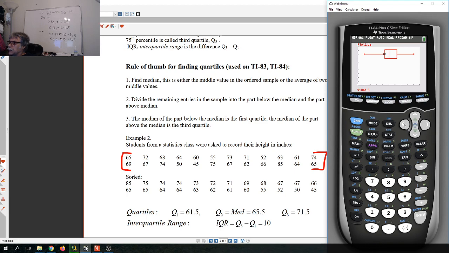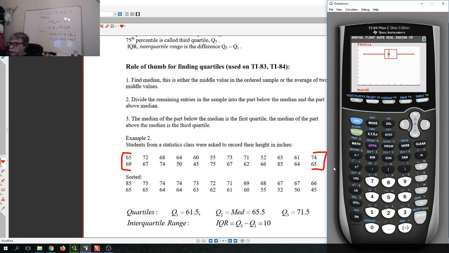The 61.5 is quartile 1. The minimum is 45. And if you go to the right, 71.5 is the quartile 3, and 85 is the maximum. So let me check what is wrong with the median.